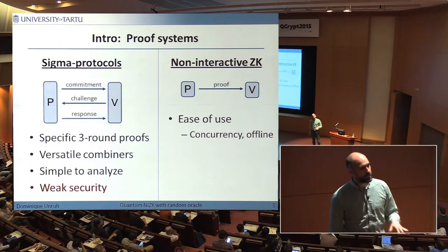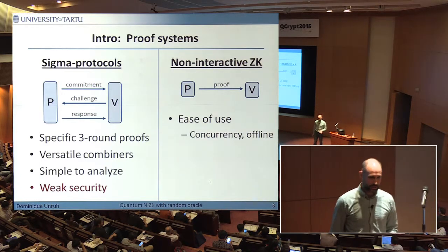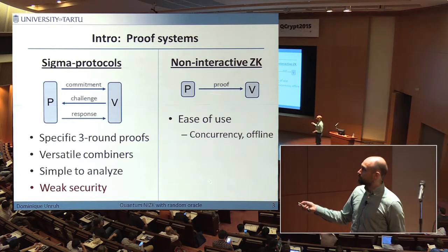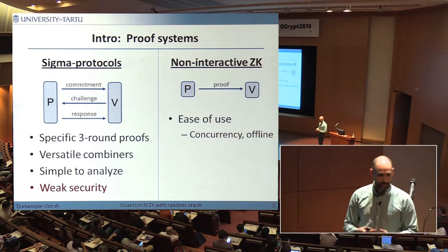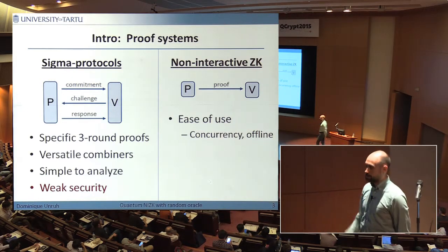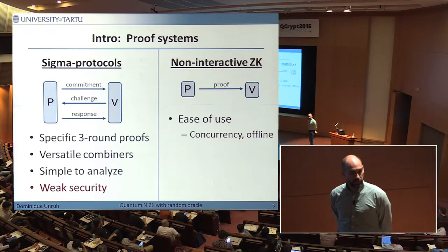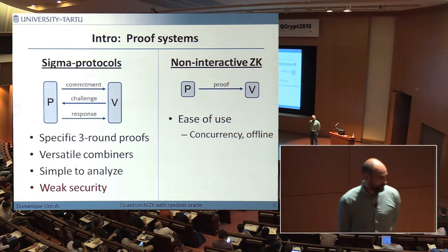And it turns out that makes things very hard and very annoying. But here you cannot have any interleaving, and the interleaving is the thing that makes things annoying, and therefore, in concurrent settings, non-interactive proof systems are much nicer.